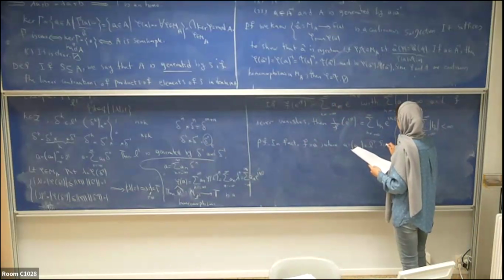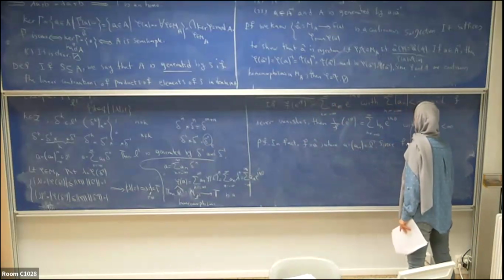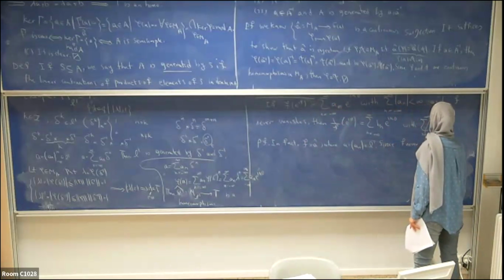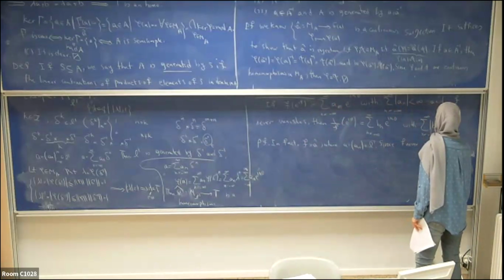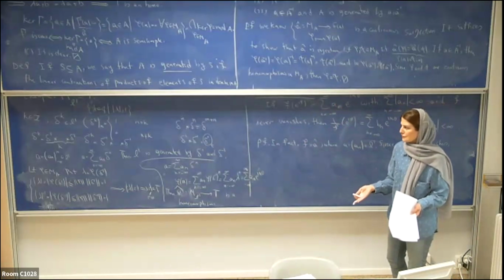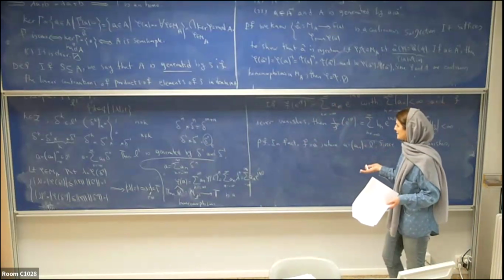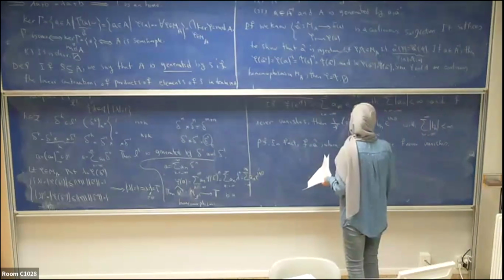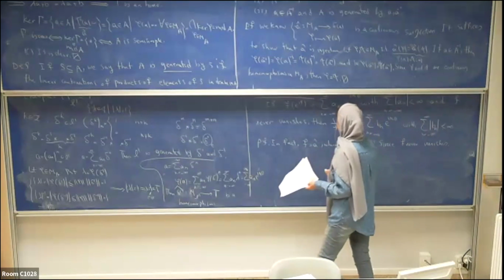Since f never vanishes, it's invertible because for each element in character space, we have a hat of phi of a is not zero, sorry.